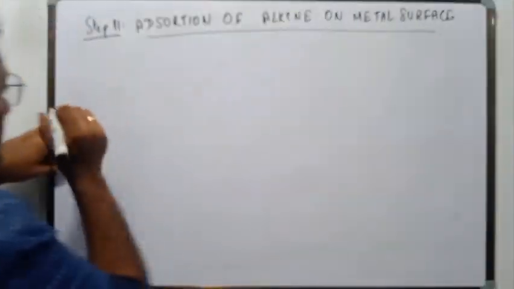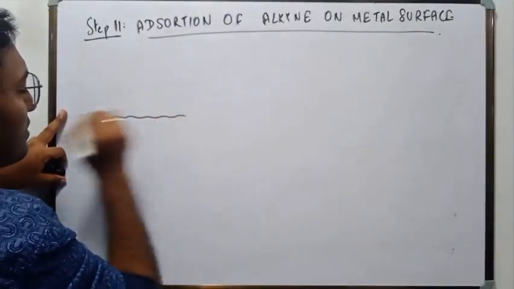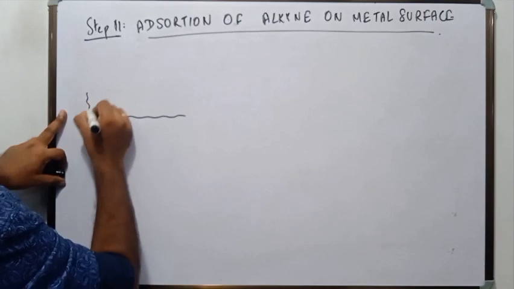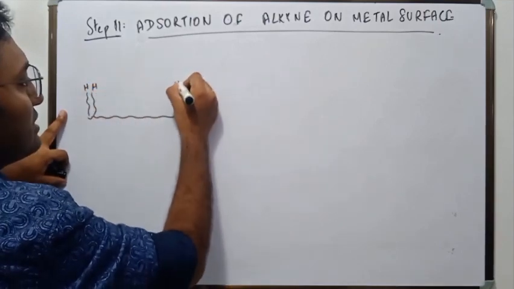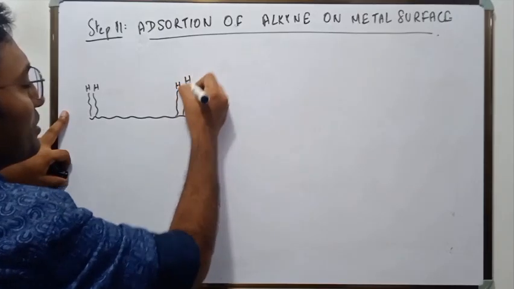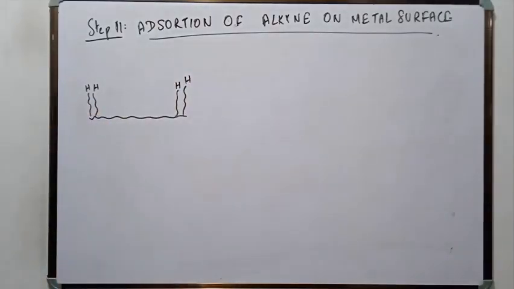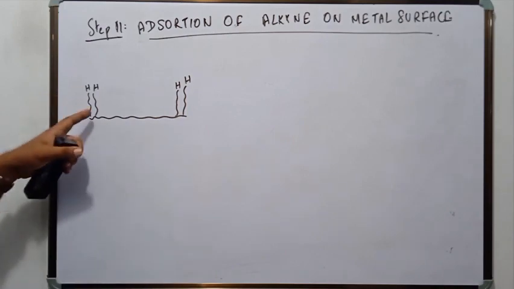So this is the palladium metal, right? And this is our hydrogen, which is attached to palladium metal, because hydrogen has donated an electron to the orbital which had unshared electron. So therefore hydrogen has formed a bond.